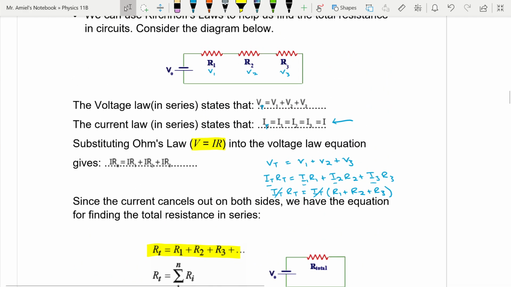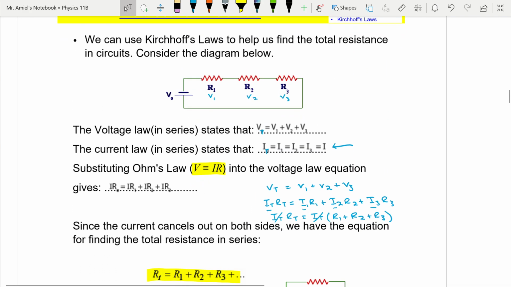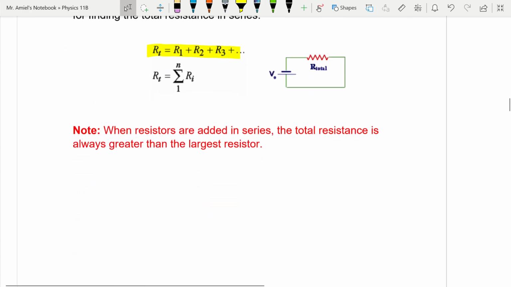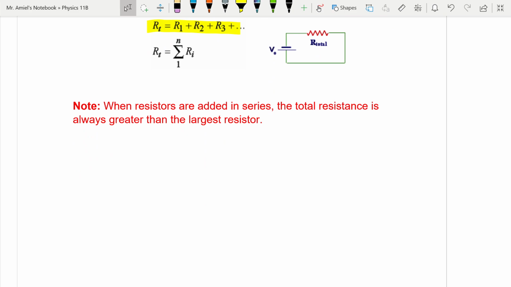So if we want to figure out the total resistance in series, this is the equation we're going to use. And this is just a little bit of common sense: when resistors are added in series, the total resistance is always greater than the largest resistor. We could draw this really quickly.